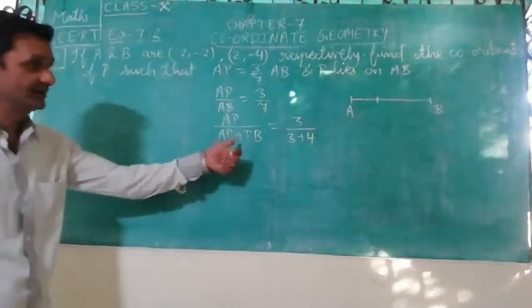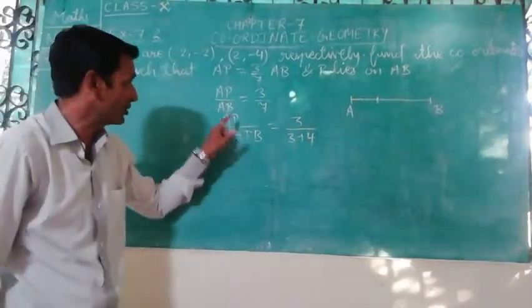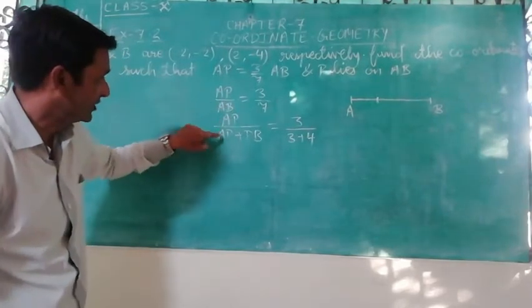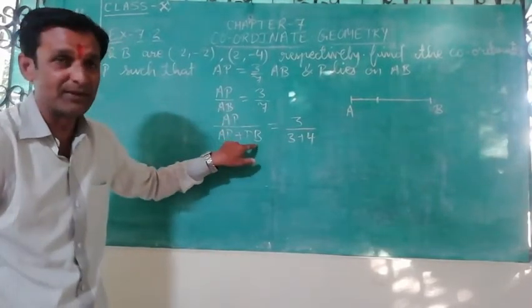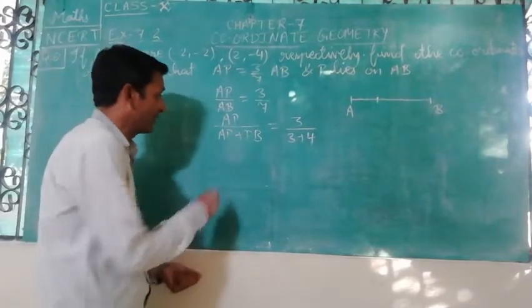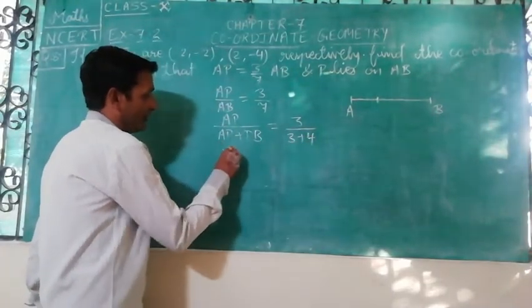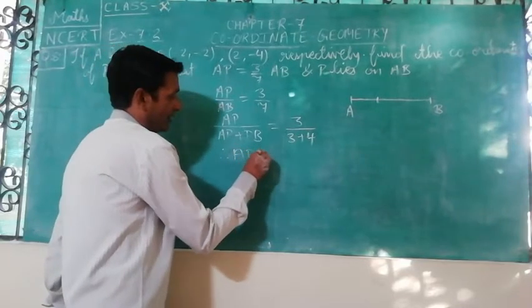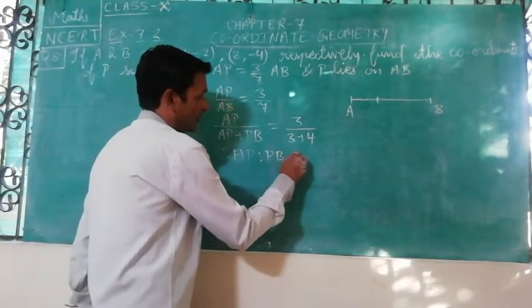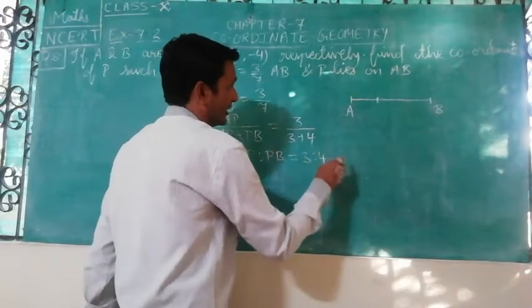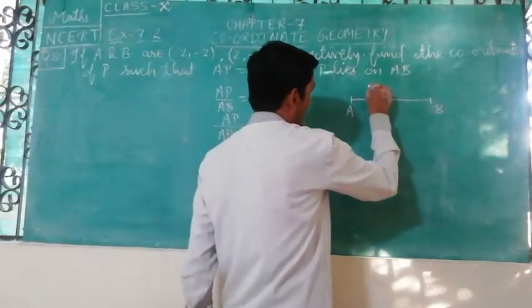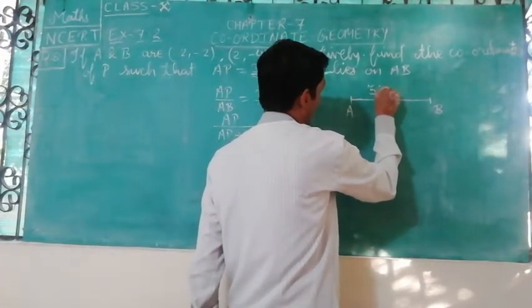We can write it in this manner also because this AB is AP plus PB. So what does it mention? It mentions that AP ratio PB will be 3:4. Therefore, AP ratio PB is equal to 3:4. So here we have done this for getting the ratio.